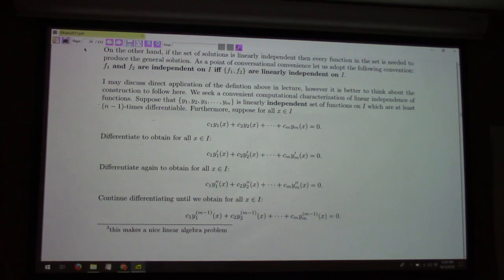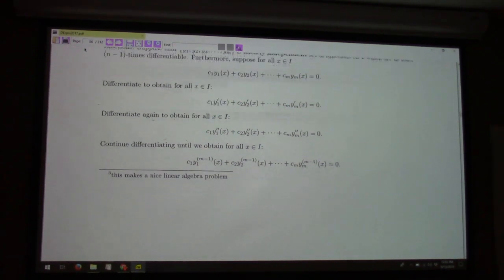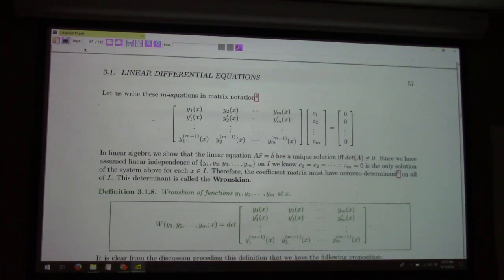We can repackage this as a matrix equation, like so. And so we've got this matrix of functions and their derivatives times that constant vector, C1 through Cm, equal to 0. Linear independence says that we are forced to have all of these be 0, which means that this system of equations has a unique solution of just the 0. That means that this coefficient matrix must be an invertible matrix. Or more precisely and usefully for you guys, it must have determinant 0. Excuse me.